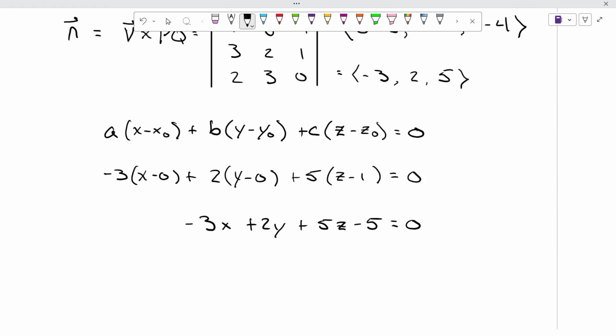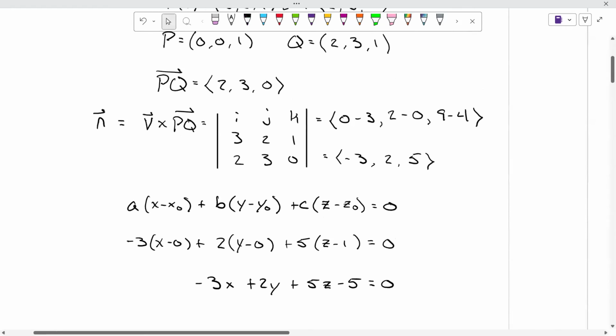Or I could move the 5 over to the other side. I've heard it both ways. But yeah, again, the plane should just be made up of the two elements being a normal vector and any point that's on the plane.